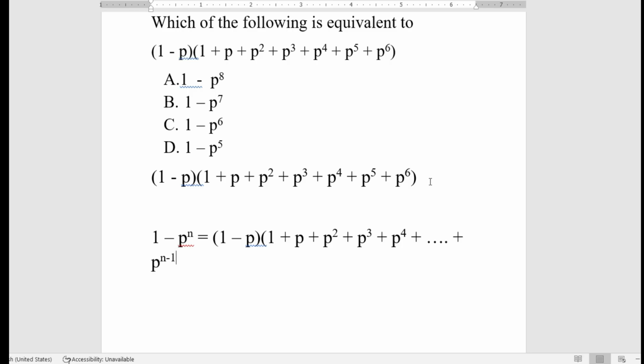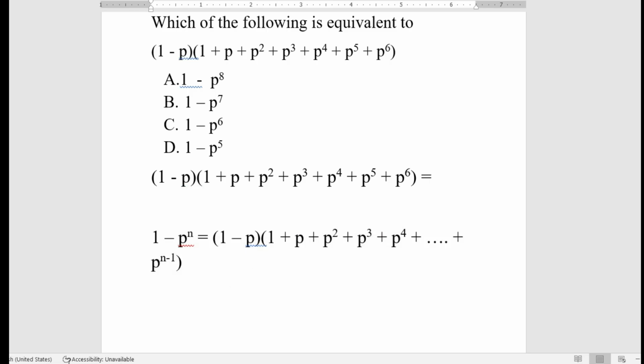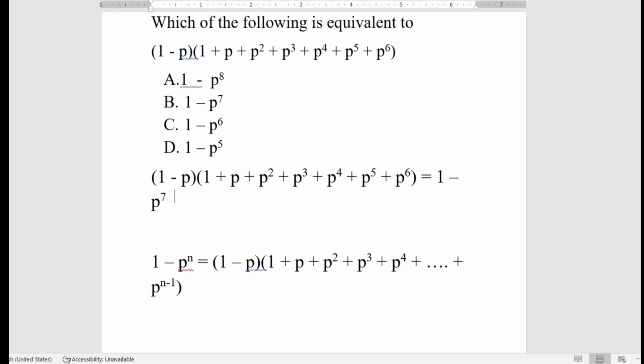Okay, close bracket. And you can see that it will equal 1 minus b to the power of 7. Then you can choose this is b. Okay, and this is the way I prove to you how I get this formula expression.